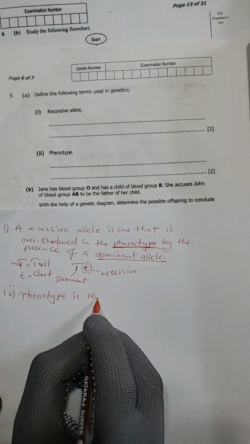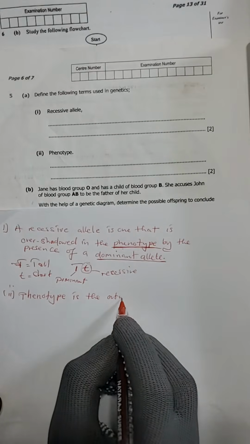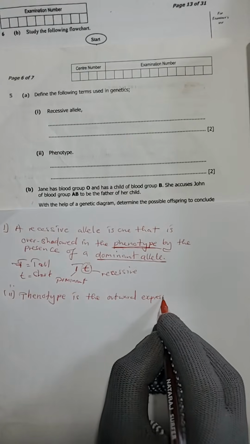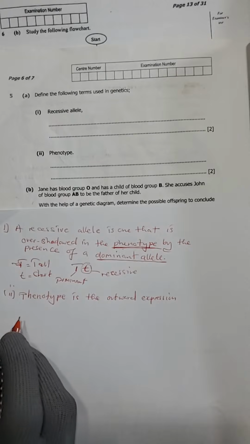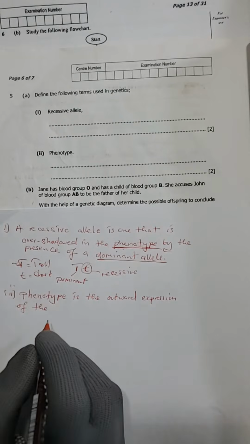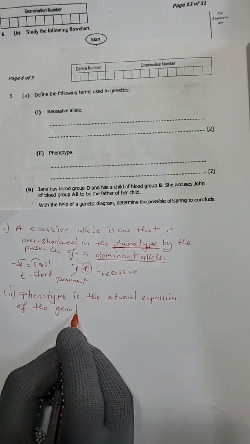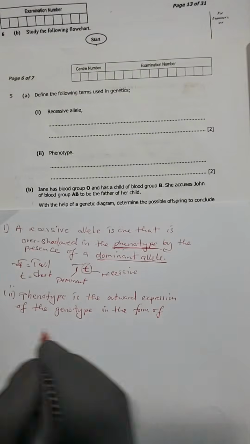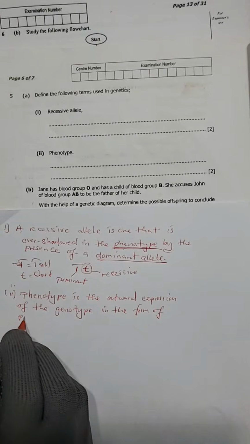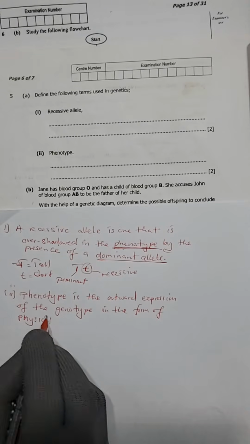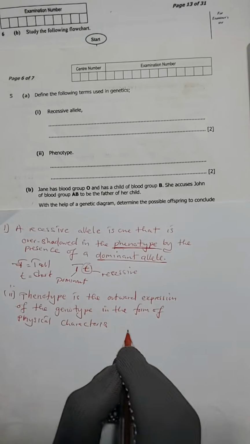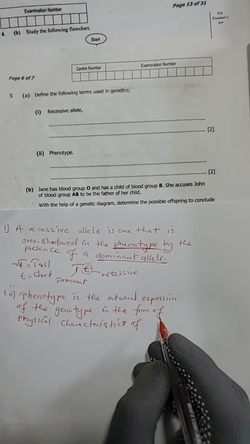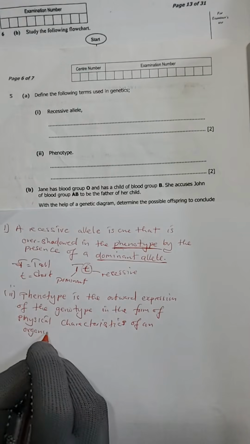Phenotype is just the outward expression of the genotype in the form of physical characteristics or traits of an organism. This is 2 marks.